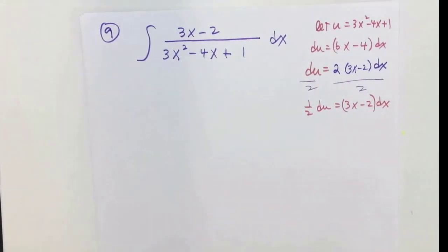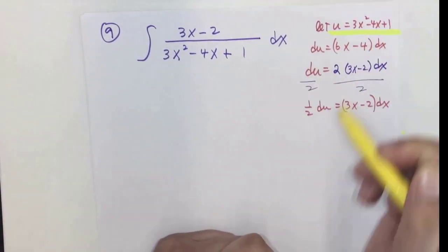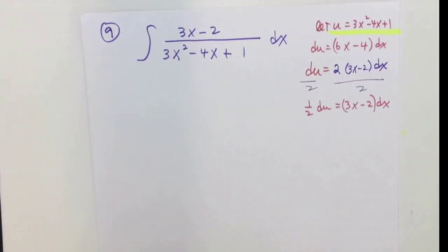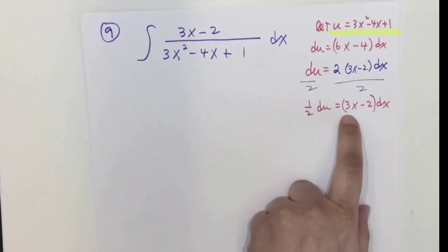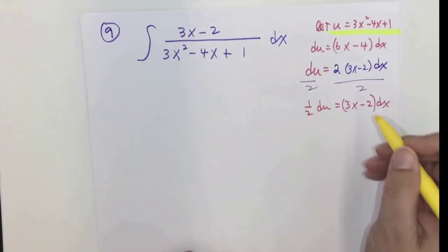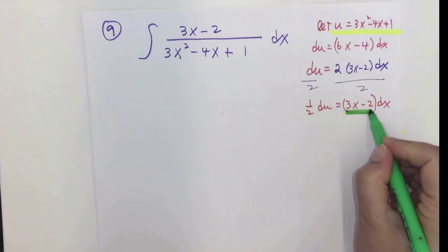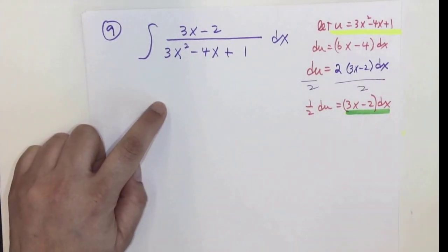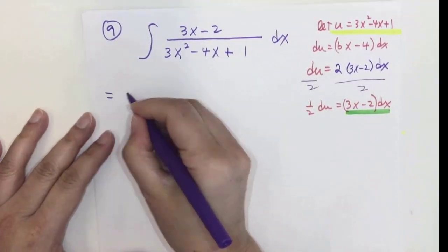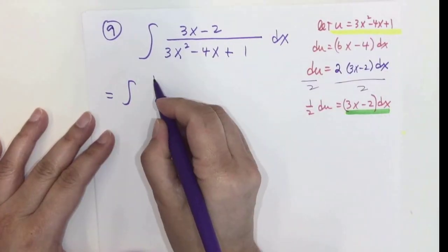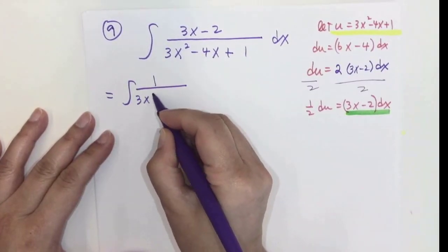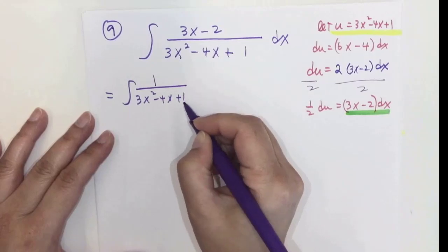The part that you use to substitute, including the u part, and also the dx with the 3x minus 2, this part. So I'm going to put them in order for you to make it easier to see which part you're substituting. The first part is your u, which is 1 over 3x squared minus 4x plus 1.